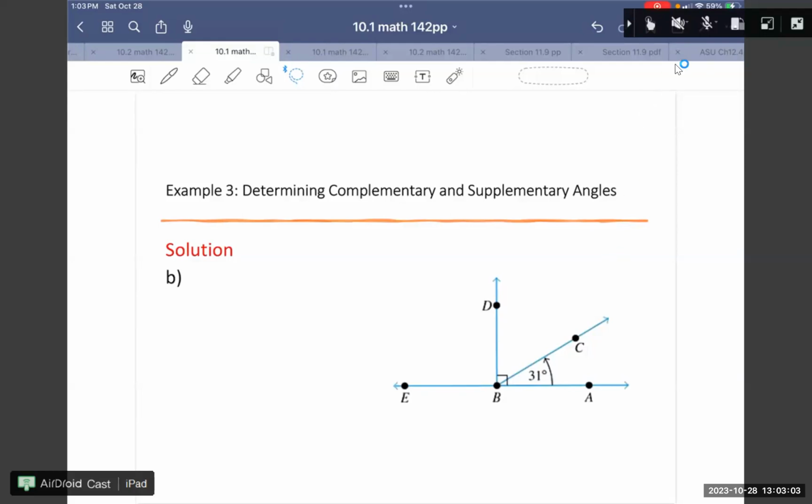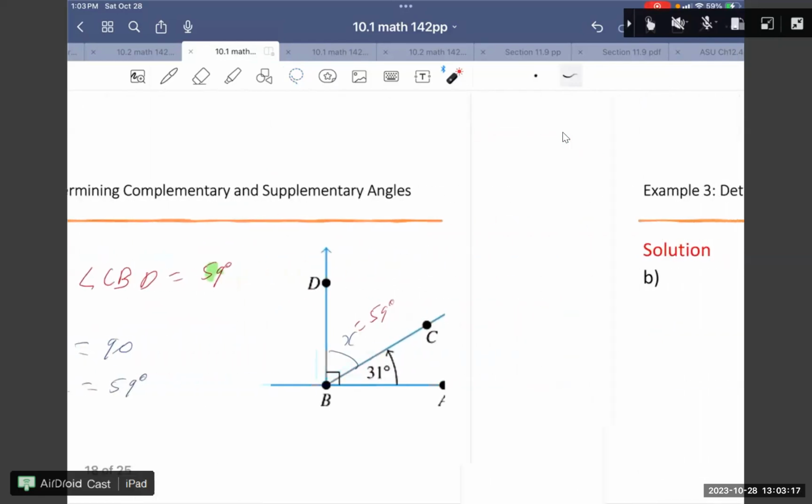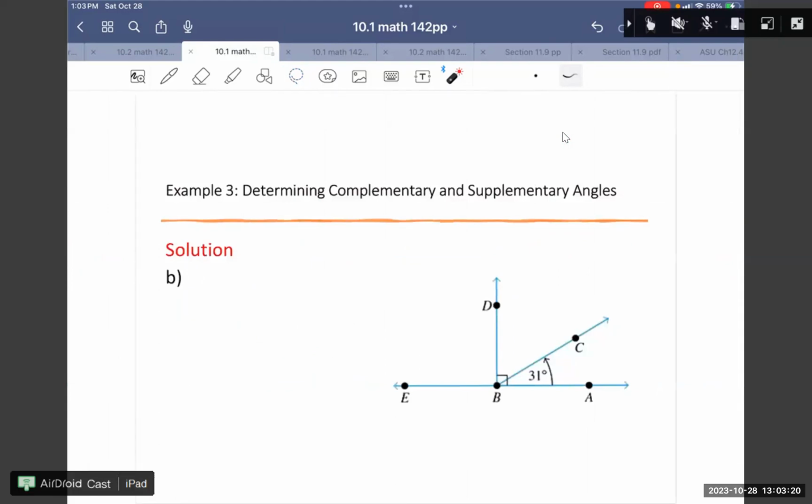Okay. For this, we have a term: the supplement angle or the determinant angle. This one is incorrect, I think, but it's okay. So we see the measurement of CBE.